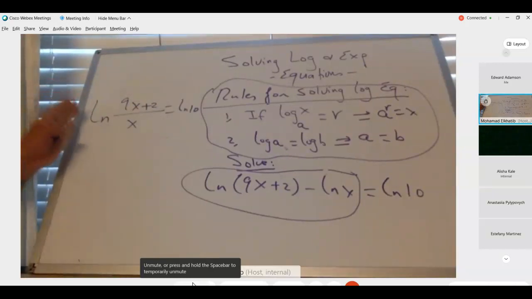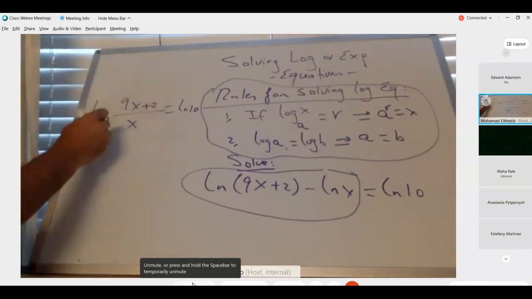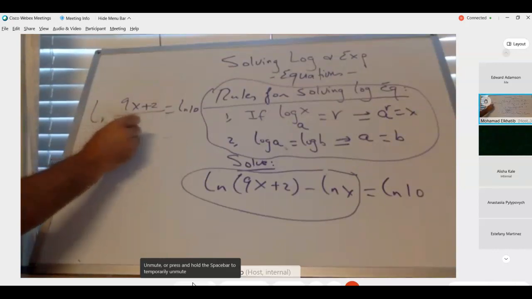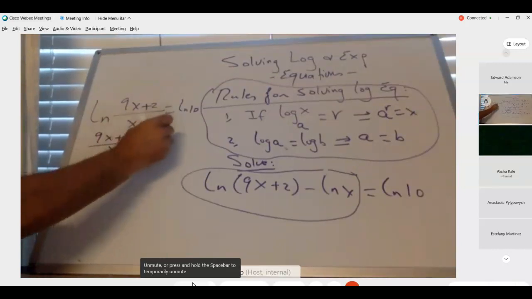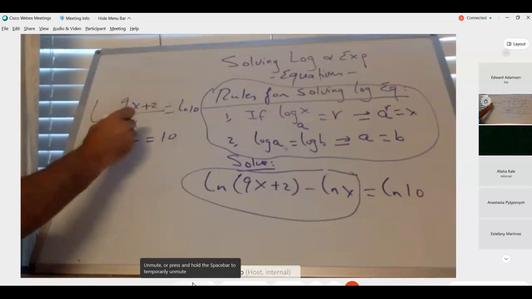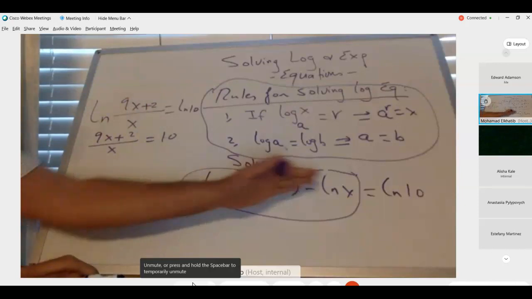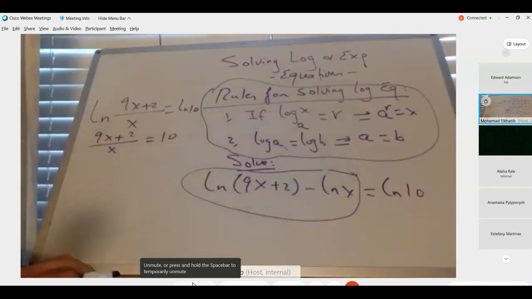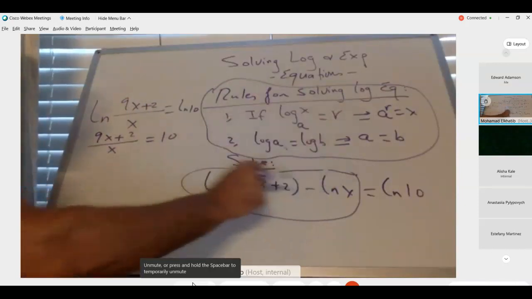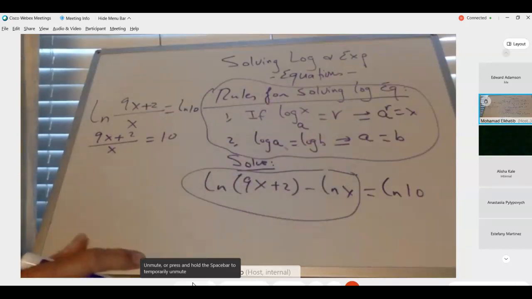Now that I made ln something equal ln something, now I garbage the ln. See? I could not do that earlier because I have two ln's on one side and one on the other side. I gotta make it single. If this was plus, then I multiply them. Remember, we work in the reverse of the properties of logs.